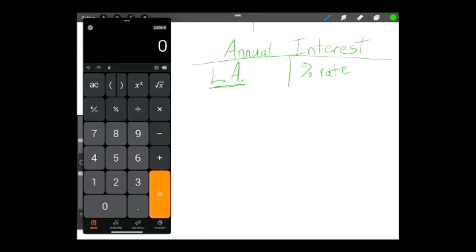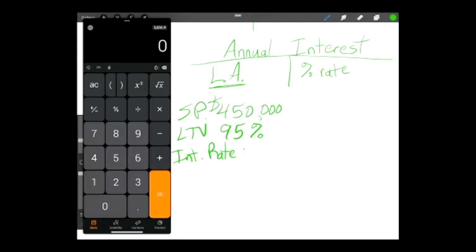So here's a problem. A purchase price, sales price of 450,000. A loan to value ratio of 95%. The interest rate on the loan is, let's call it 3.5%.